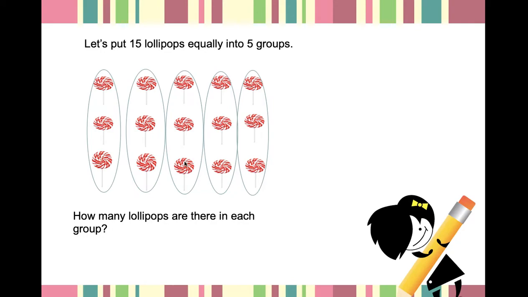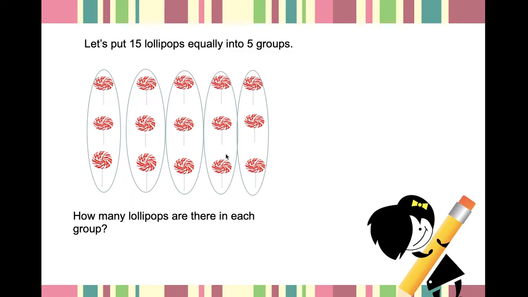You can notice that there is an equal number in every group, 3 here, 3 here, 3 here, and 3 here and here. So I have divided all the lollipops into equal groups, with equal numbers: 3, 3, 3, 3, 3.